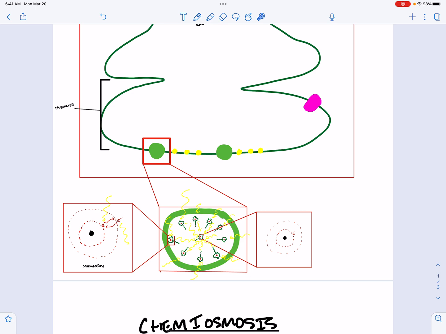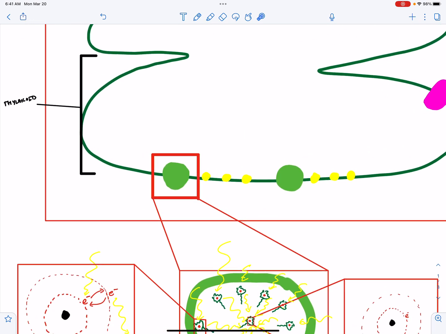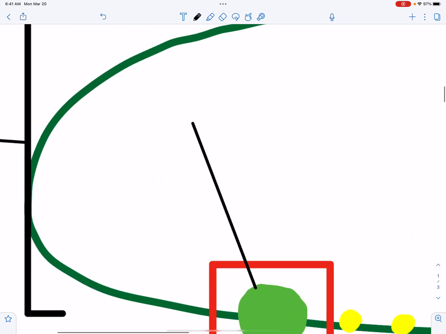Okay, so what are we talking about? We're talking about the light-dependent reactions. And the light-dependent reactions all start in a structure that is called, kind of annoyingly, photosystem 2.